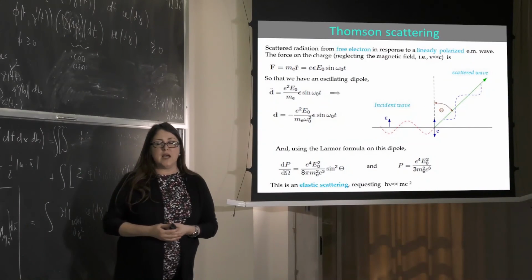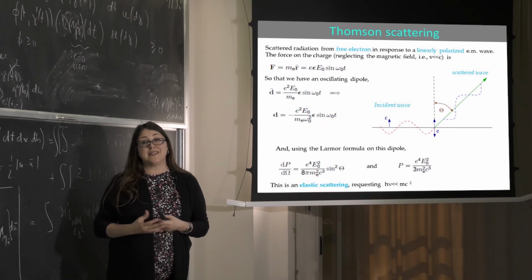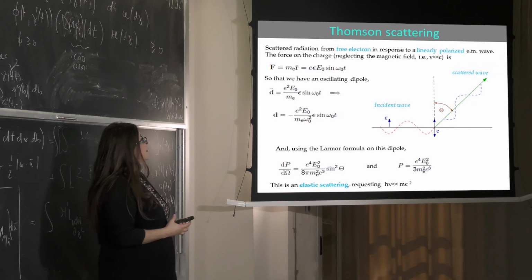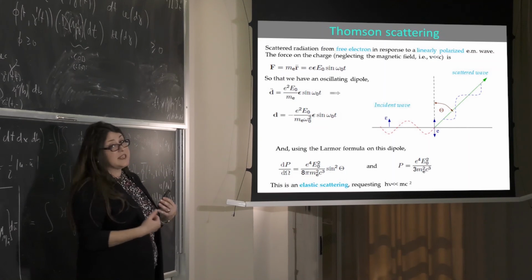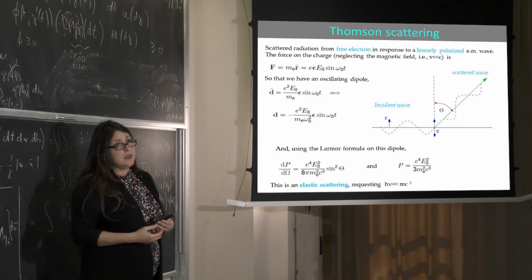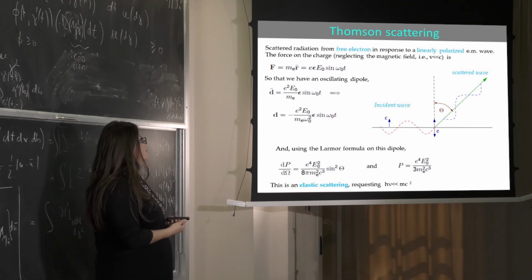The last radiative process that I would like to describe is not an emission process, but it's actually a scattering process. And I'm referring to the Thomson scattering. Thomson scattering is the mechanism by which you have scattered radiation from a free electron in response to a linearly polarized electromagnetic wave.